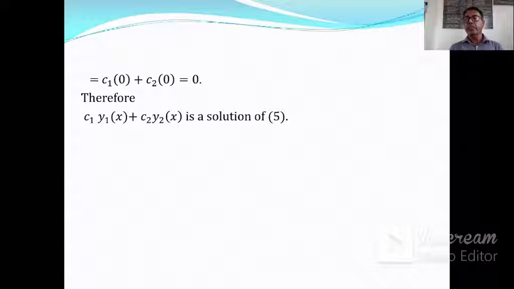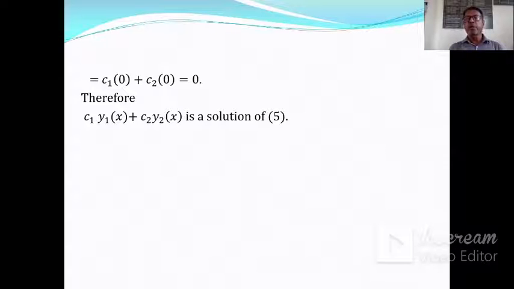In the first step, it is given that y1 and y2 are solutions of the nth order homogeneous linear differential equation with constant coefficients. We call that equation 5.